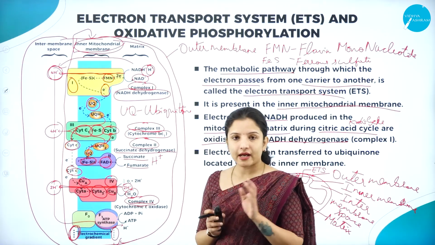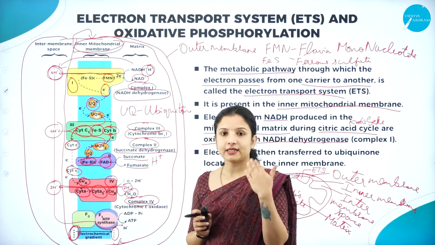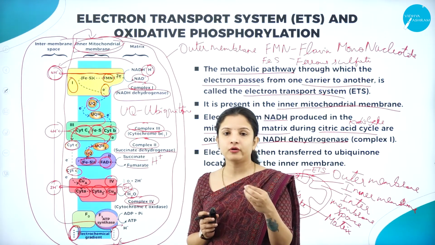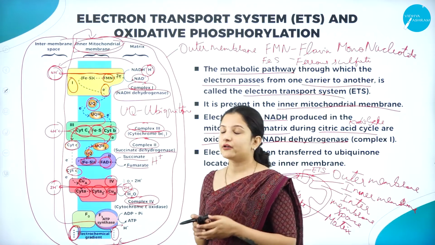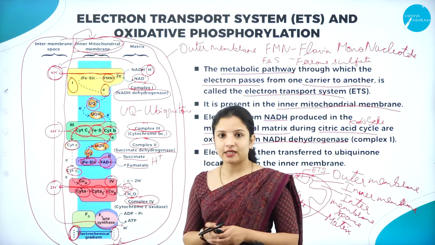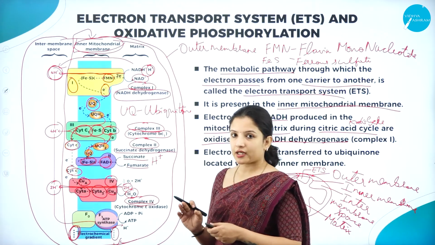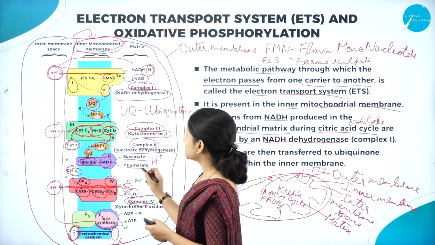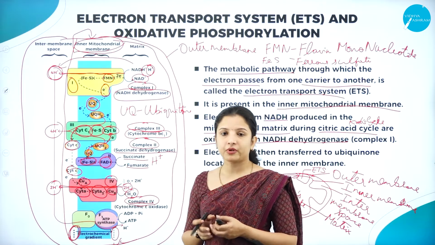And that positive charge which has increased more in the intermembrane space, because of the concentration of the hydrogen ion, a concentration gradient is being created, and that concentration gradient will not allow the hydrogen ions to pass through the inner mitochondrial membrane. Why?